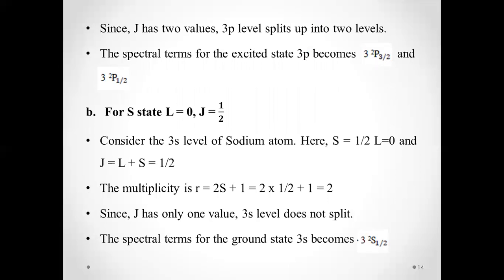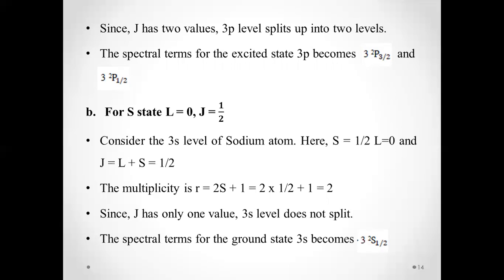Since J has two values, the 3p level splits up into two levels. The spectral terms for the excited state 3p become 3p 3/2 and 3p 1/2.